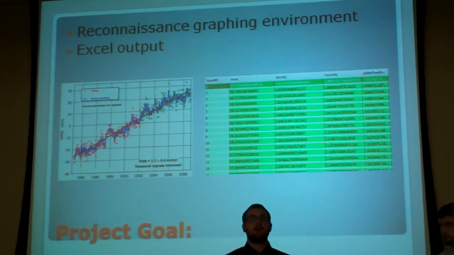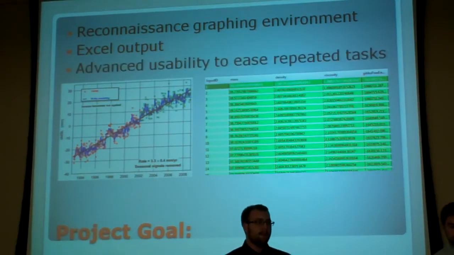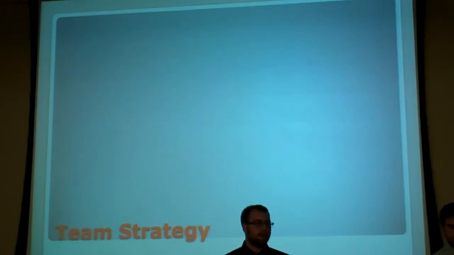Right now, Igor puts all of the data that comes back from MELTS and Igor into one Excel spreadsheet, and it's a nightmare to filter through, so she wants it more specific. And then advanced ease of usability, which we're going to do through profiling. We're going to make a specific profile based on what she needs out of the specific run, so she can easily graph it and look at it.